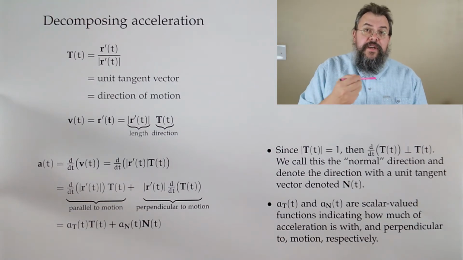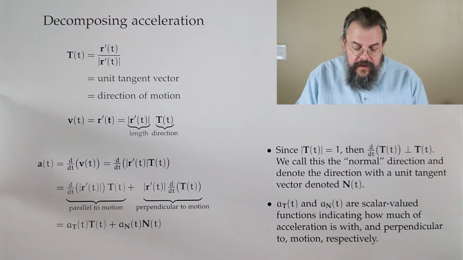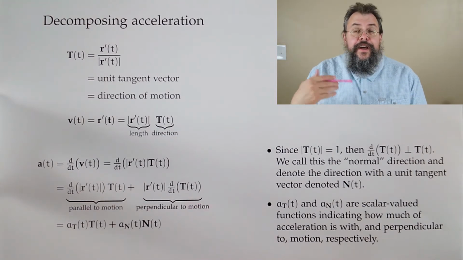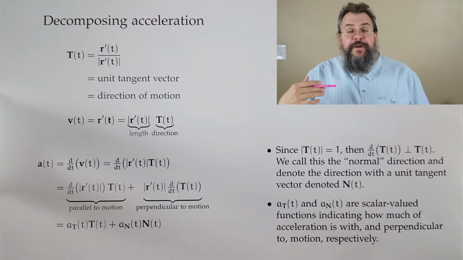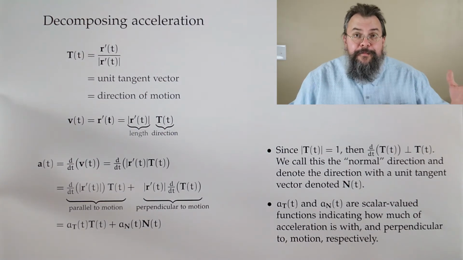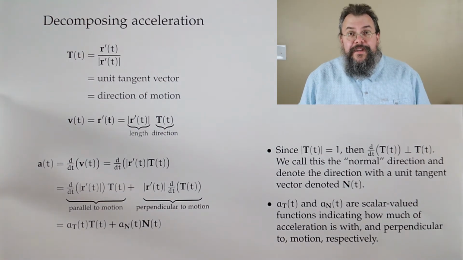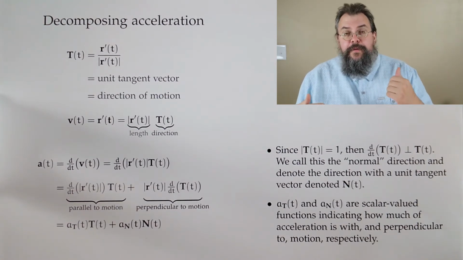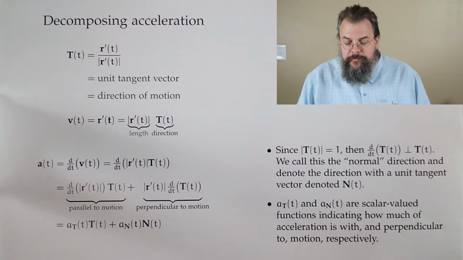That's why we know it's perpendicular to motion. All right. Well, so it's pointing in some direction that's perpendicular. And if we have something perpendicular, we like to call it normal. Think like normal vector for a plane. Perpendicular to the plane, normal vector to this curve, it's perpendicular to the curve.